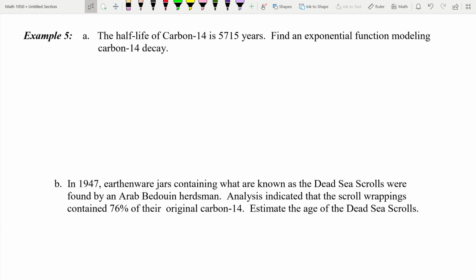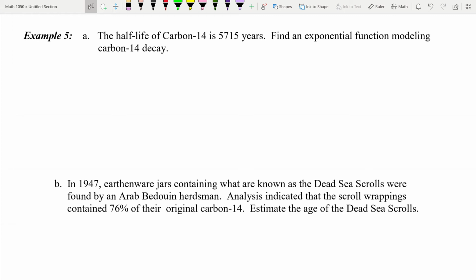Question 5. First thing I want to do is talk about half-life. Everybody just put your pencils down and listen for just a second. I'm sure you've learned this from science. Say you have 100 grams of carbon-14, and it's decaying.